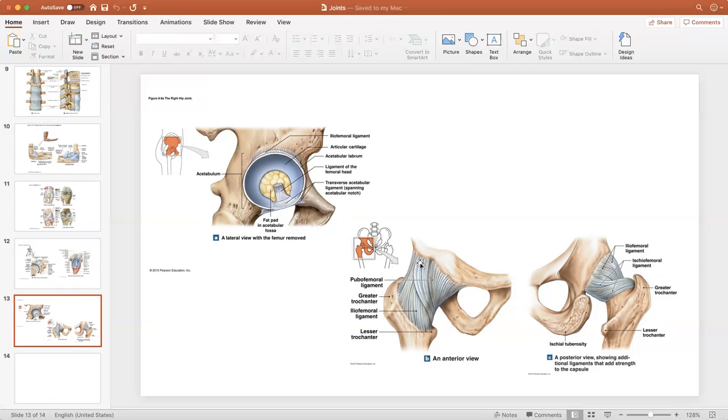And then we have 3 different portions, ligaments that wrap around the whole joint here. So iliofemoral from the ilium to the femur, ischiofemoral from the ischium to the femur, and the pubofemoral from the pubis to the femur. Okay, so there's 3 different aspects based on where it attaches to the specific bone in the pelvic girdle.